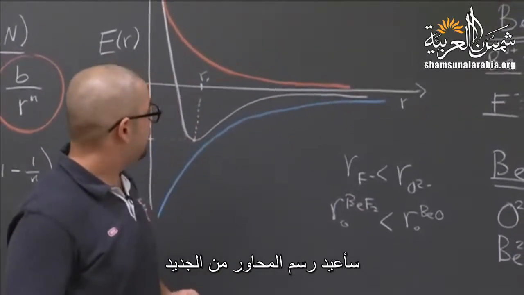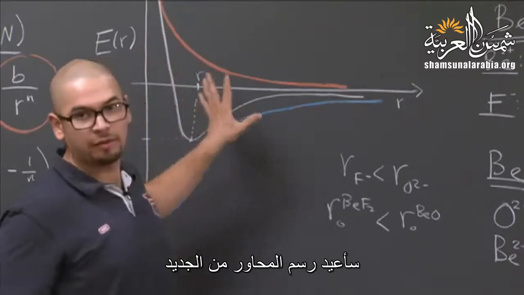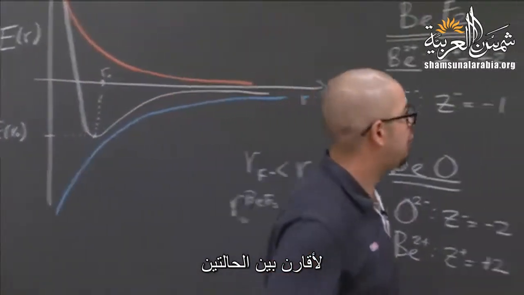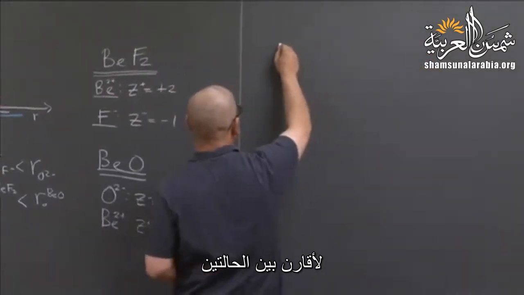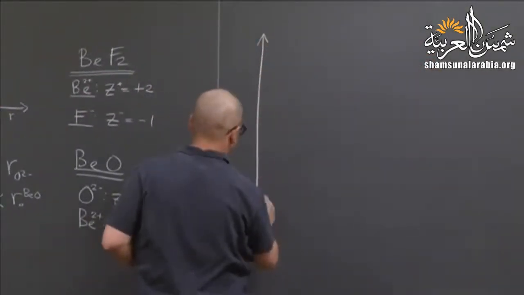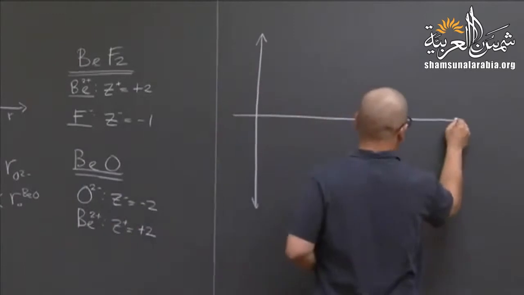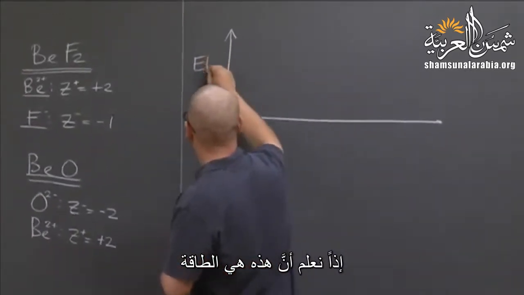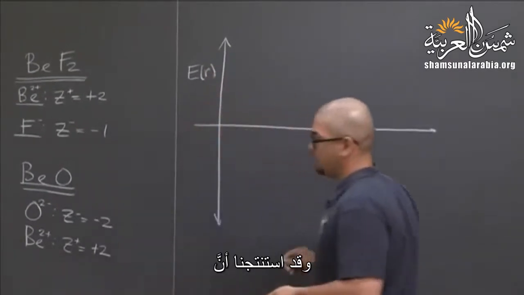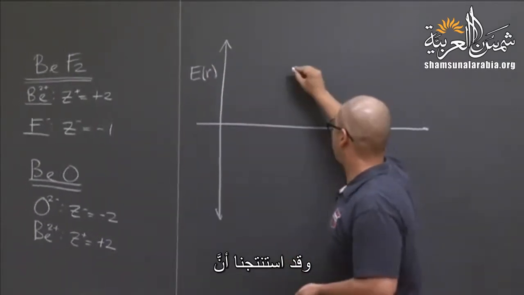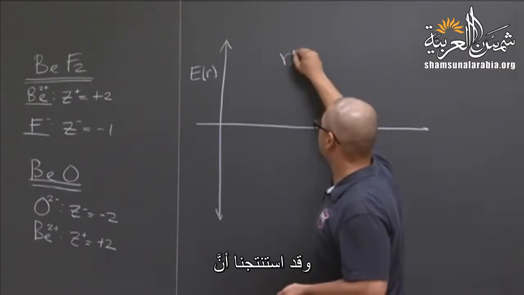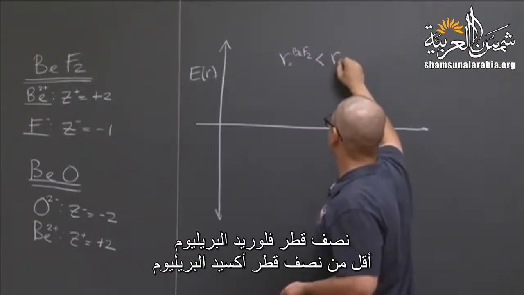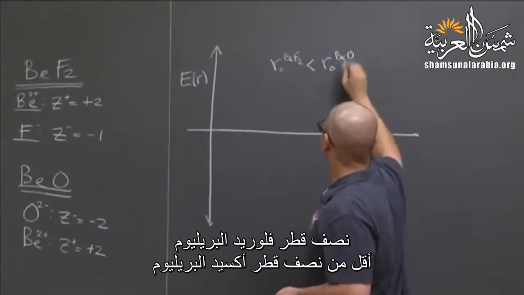So I'm going to redraw a new axis over here, just to show you how to compare both of them so that you won't confuse yourself. So we know this is the energy of our system. And we concluded that the radius of beryllium fluoride is less than the radius of beryllium oxide.